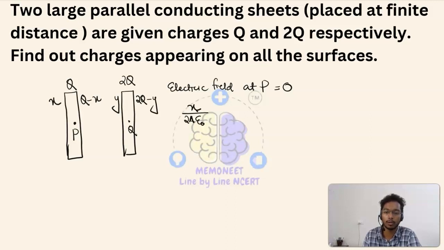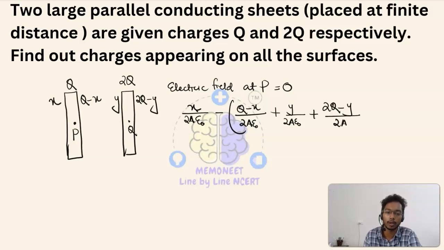It is x upon 2A epsilon naught, plus all the other charges present on the right side. So this will be minus of (q minus x) upon 2A epsilon naught, plus y minus of 2 y upon 2A epsilon naught plus (2q minus y) upon 2A epsilon naught. Okay, so this will be equal to 0 because inside the conductor we have electric field 0.